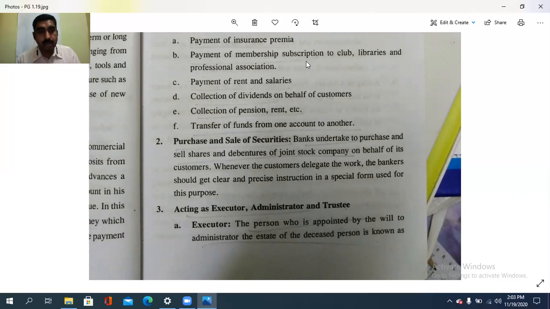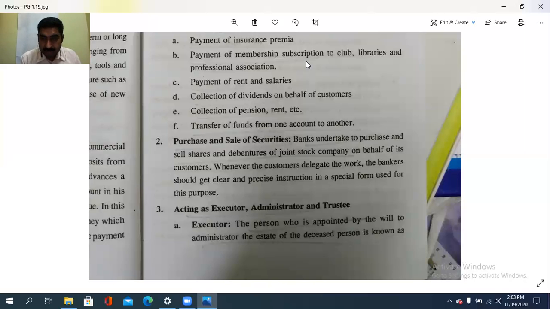That is what is meant by executor. So the executor is the person who is appointed by the will to administer the estate of the deceased person. If someone is appointed as an administrator of a deceased person's estate according to the will written by the deceased person, that is called the executor.